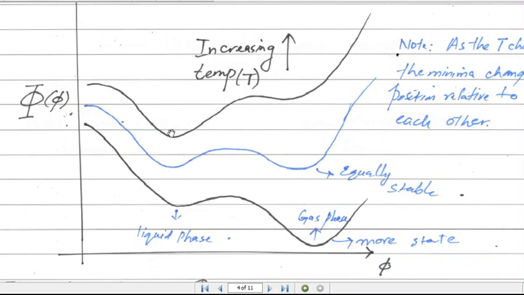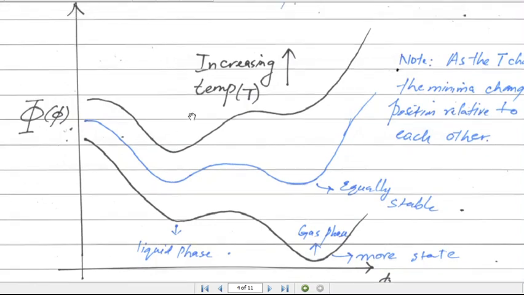In this case, the other phase will be more stable, so the system will switch from this phase to this phase. So the phase transition can be represented as two minima, and as the temperature changes, the minima change position relative to each other. Whichever minimum has the lowest energy, the system will be present in that energy state.